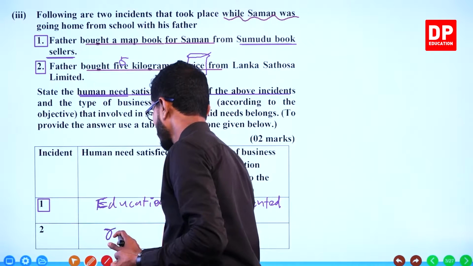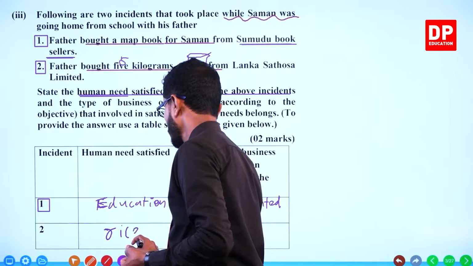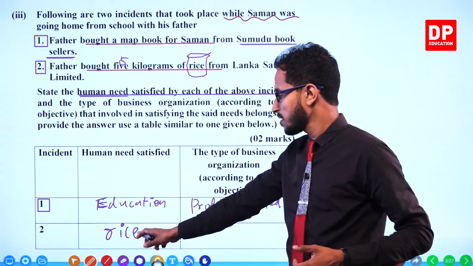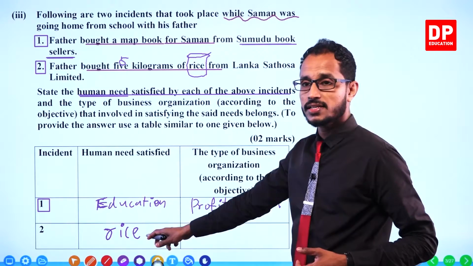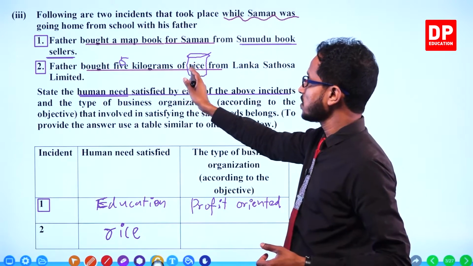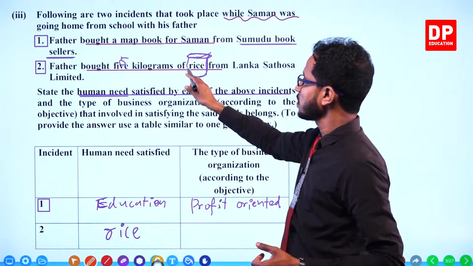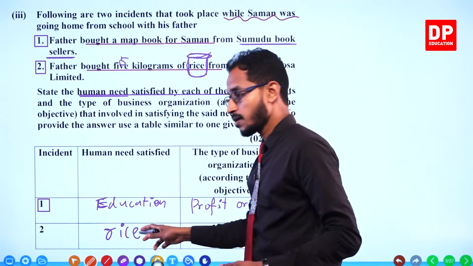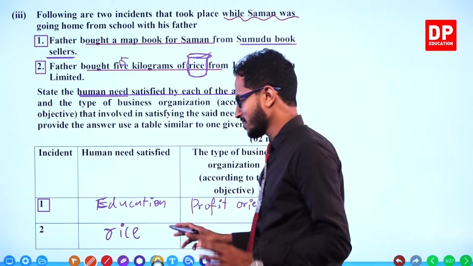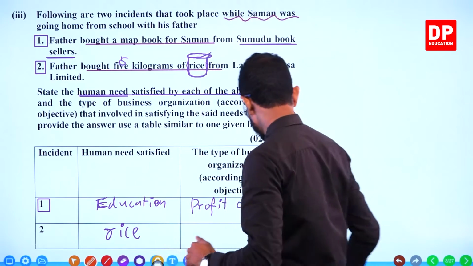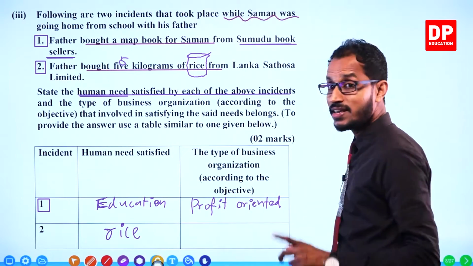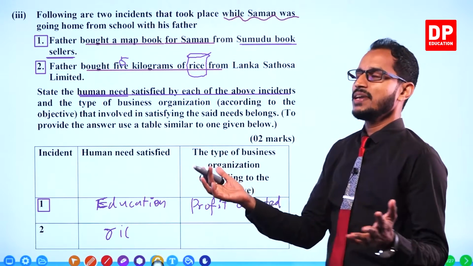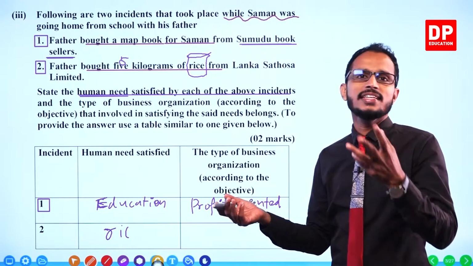Human need is rice, because the father has bought 5 kilograms of rice. No, I have seen a lot of people making this mistake. When they see rice, they think rice is the main thing that we eat, that is the need.